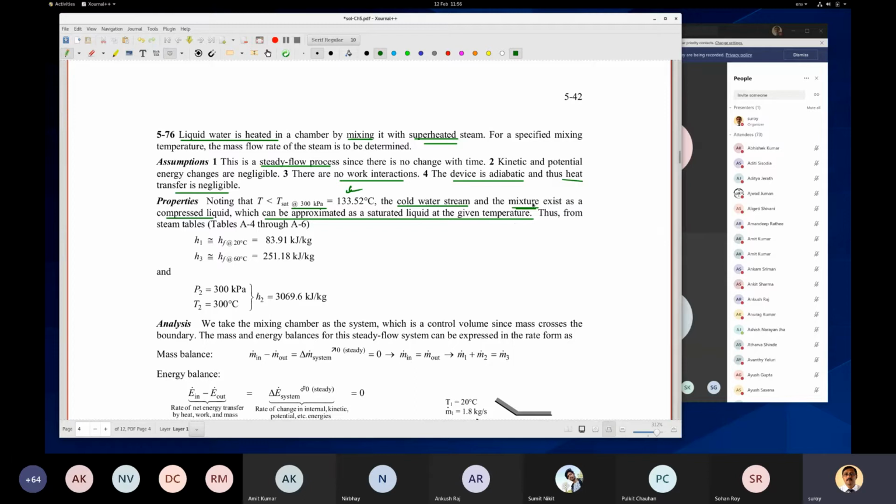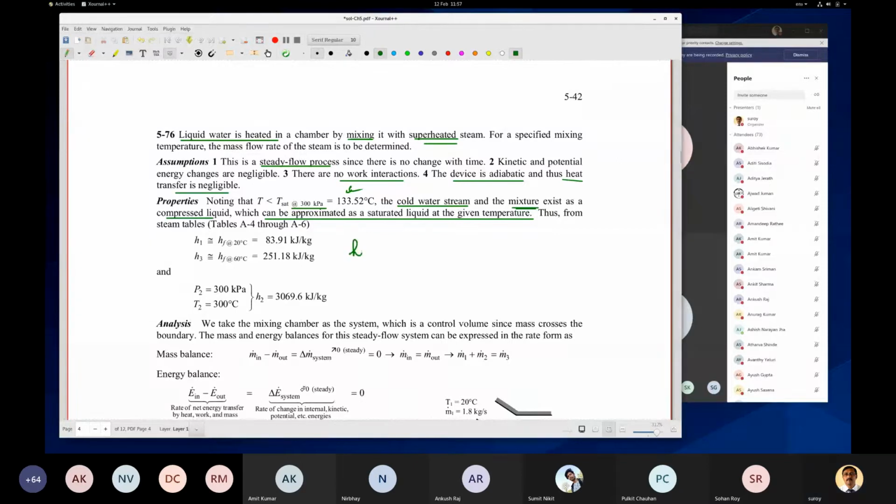What is happening is, for this compressed liquid, in the books, there is, of course, a detailed chart I shared with you, where the variation of enthalpy and internal energy with pressure, which is very small, is given. But in the books, you will see they don't consider the effect of pressure variation for compressed liquid.